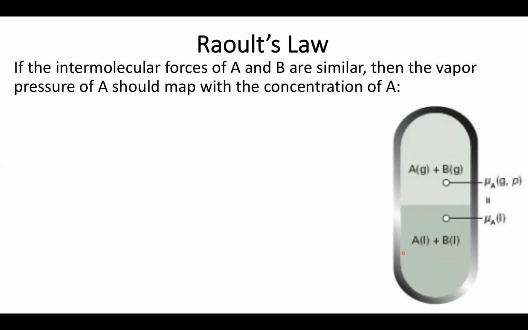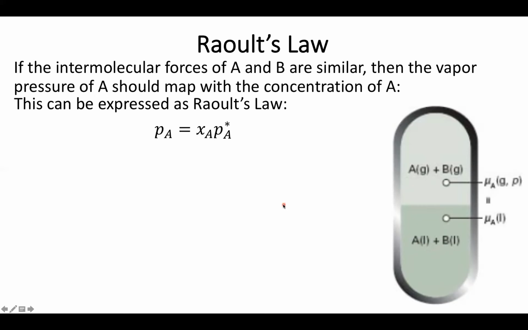So one of the first ones that we can often make is if the intermolecular forces of A and B are actually fairly similar, then what this essentially tells me is that, well, if B looks just like A to a molecule of A in the liquid phase, well, then it's going to behave very similarly.